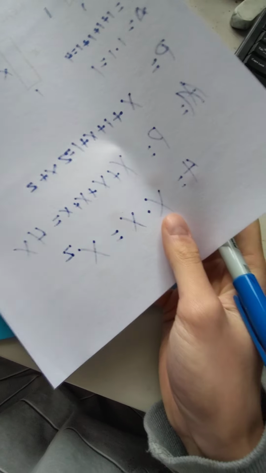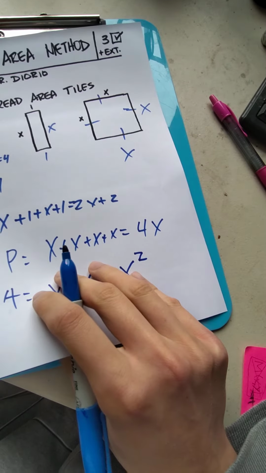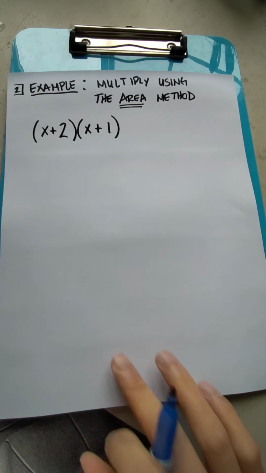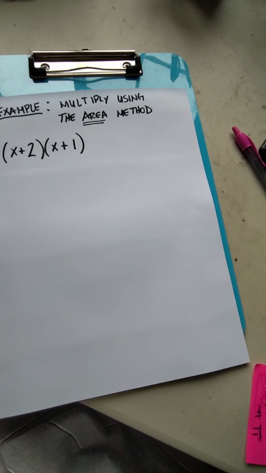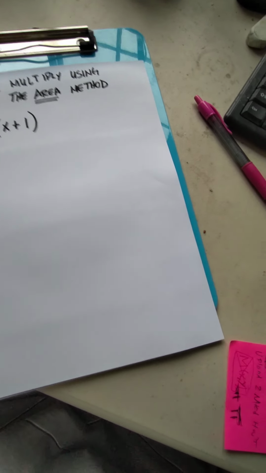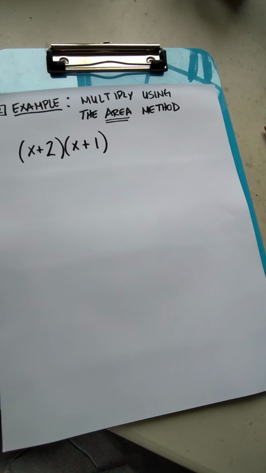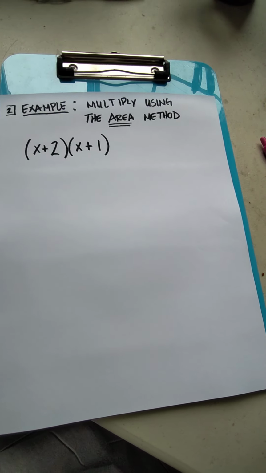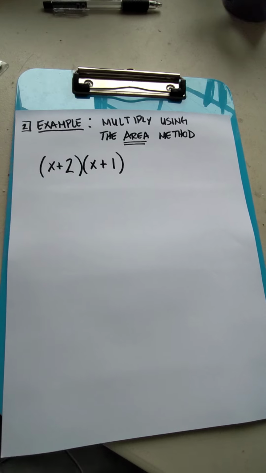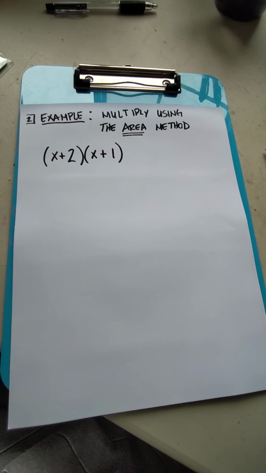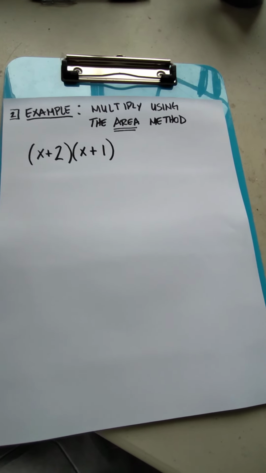So now from this concept, I'm going to present an example where I multiply this polynomial using the area method. I'm going to create tiles to solve this.